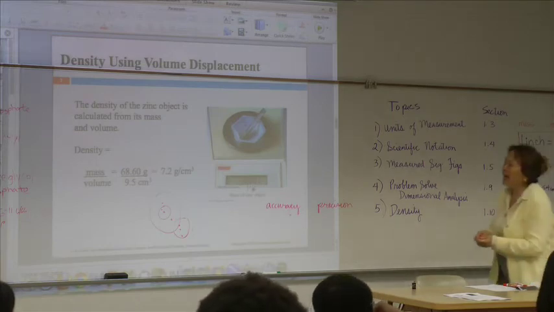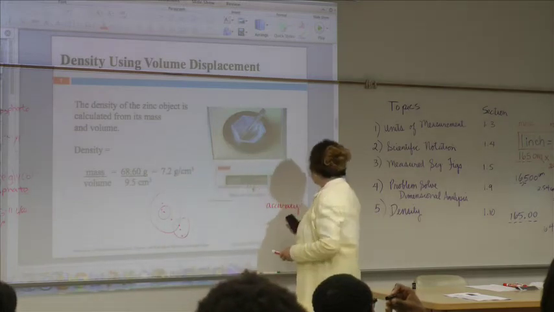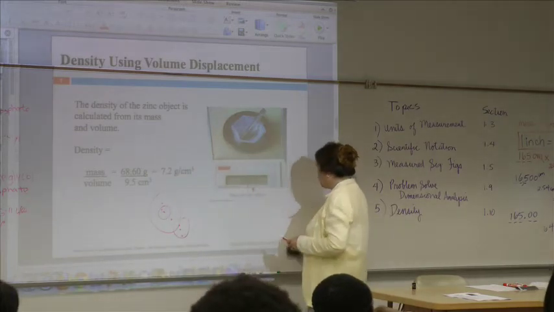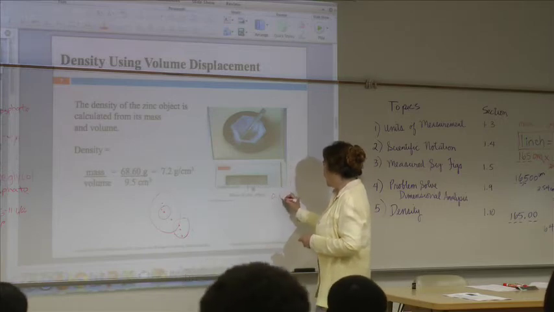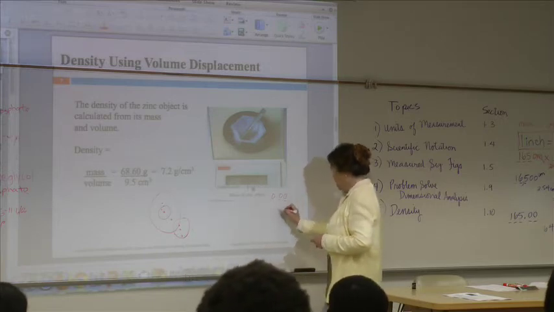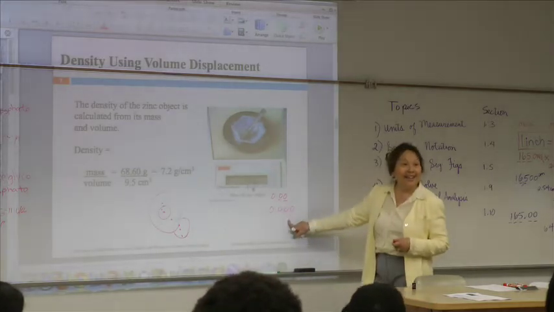So this balance is only good to the hundredths. But the balance that we used yesterday went all the way, right?